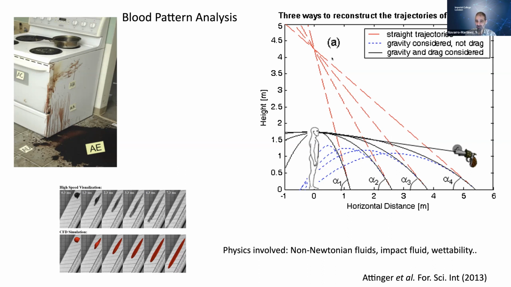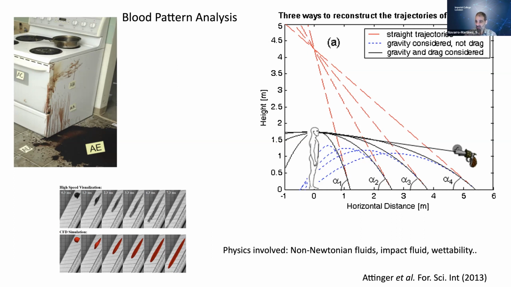Originally, they used pure trigonometry with straight trajectories, and of course the errors are very large. Then they started considering gravity and drag. You would believe there's still a lot of analysis like that. Even in 2010, they were still using a lot of straight trajectories, and things like gravity and drag were not considered. Nowadays they use even more.